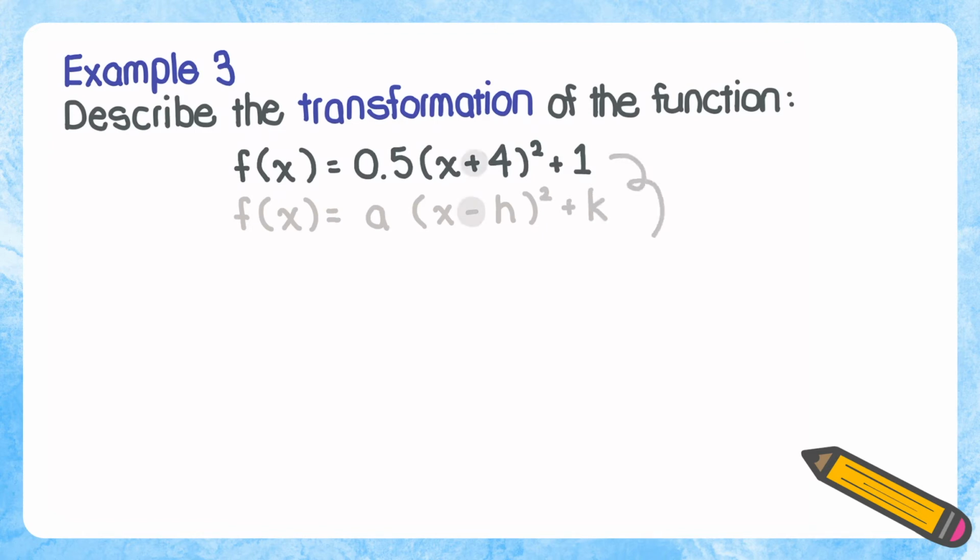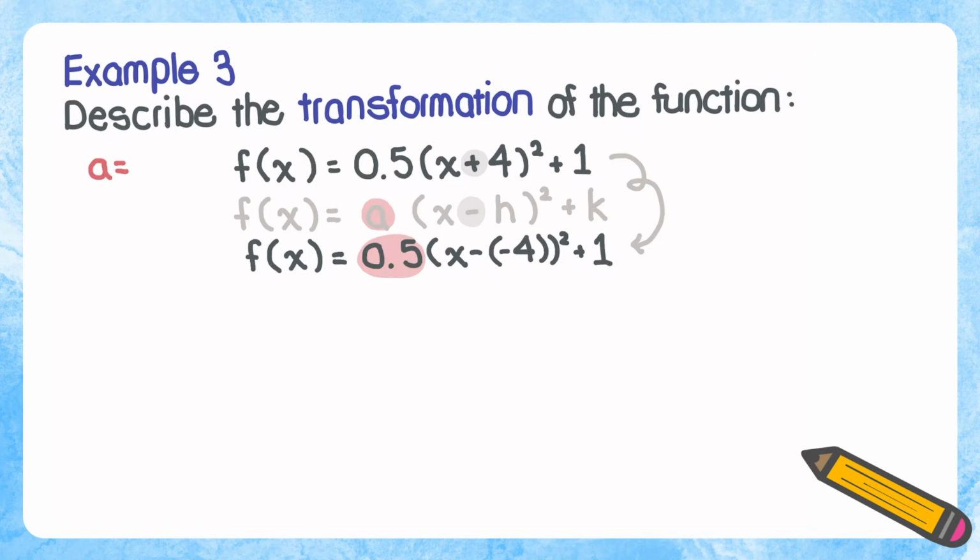It's not an exact match here, so I have to do some rewriting. f of x equals 0.5 times x minus negative 4 quantity squared plus 1. a is replaced by 0.5, so a equals 0.5.